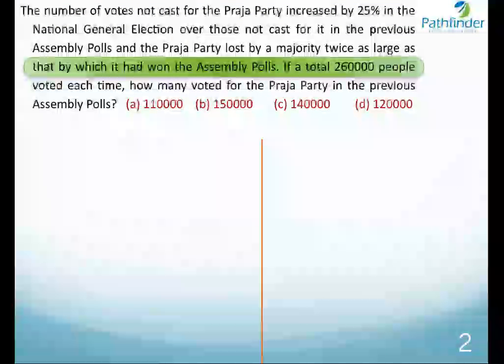If a total of 26,000 people voted each time, how many voted for the Praja Party in the previous assembly polls? Now there are four options.